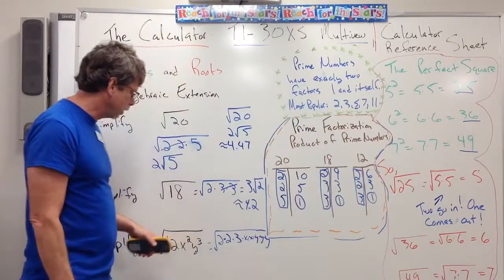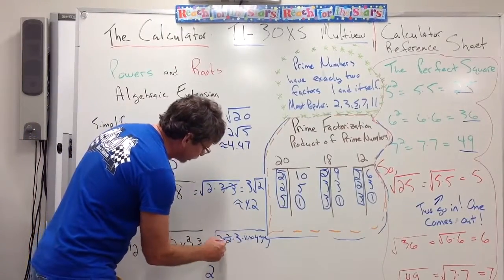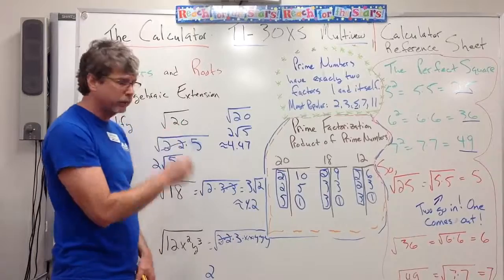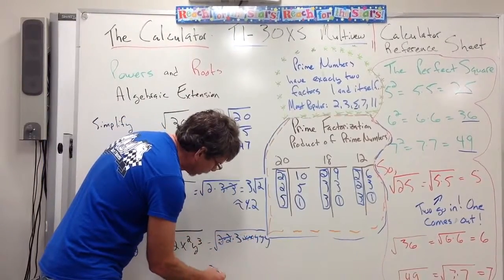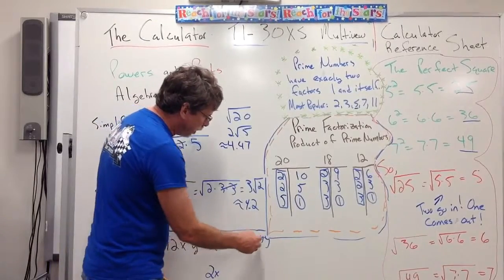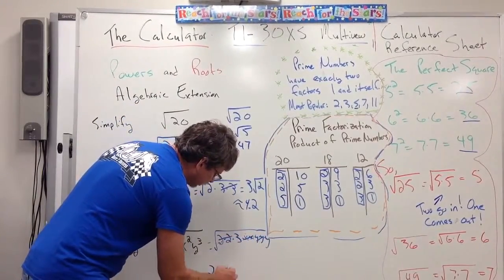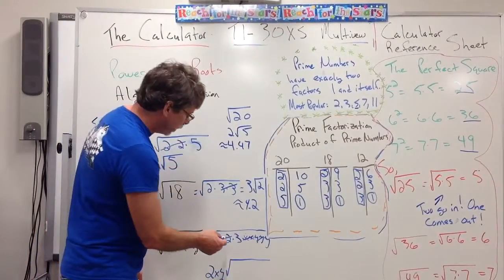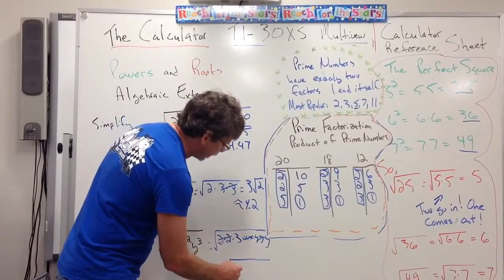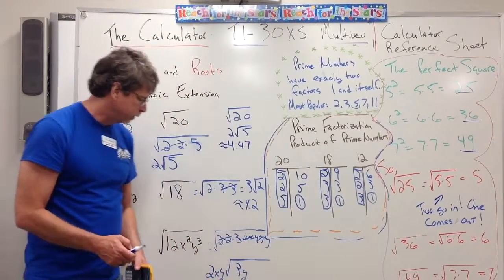That's how we work with square roots. There's a pair of 2's, so a 2 comes out. There's not a pair of 3's, so the 3 is locked in. There's a pair of x's, so they come out as an x. There's a pair of y's, so I can pair them out, and a y comes out. And what's not paired up has to stay. So what has to stay is a 3 and the y. So 3y has to stay inside there, and that would be how you would simplify that.